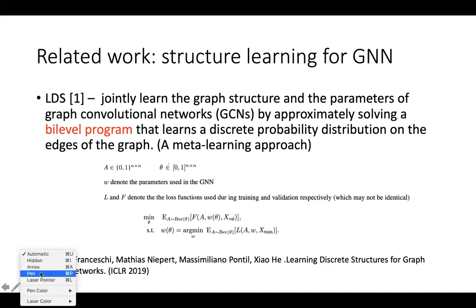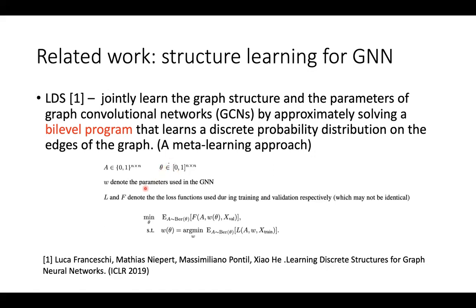Here we only consider an unweighted graph, meaning that each entry of the adjacency matrix is either 0 or 1. The idea is that we assume W is the parameters used in the GNN, and each of the entries within this adjacency matrix is associated with a binary variable that follows a binary distribution parameterized by theta.